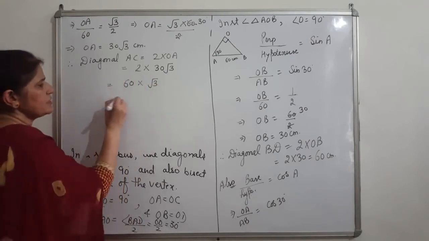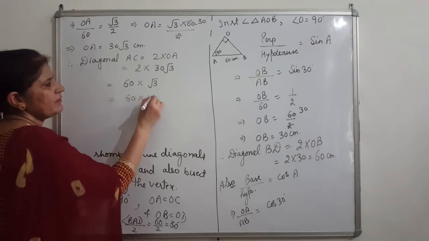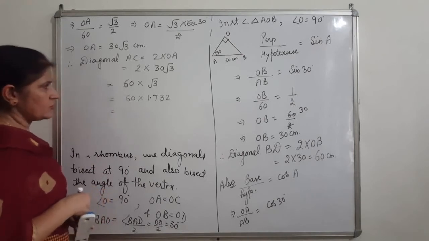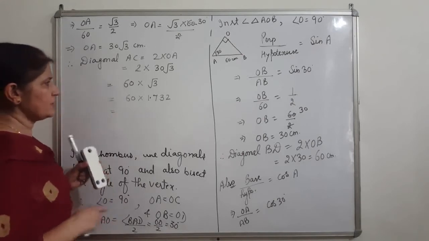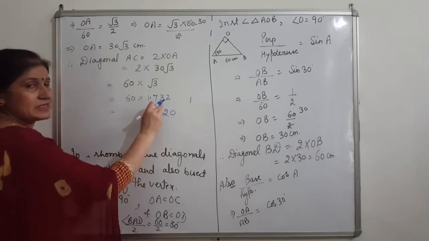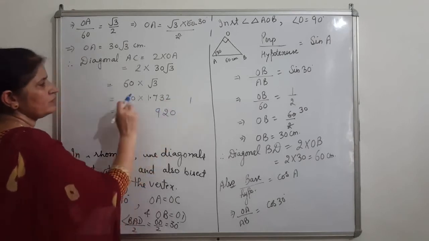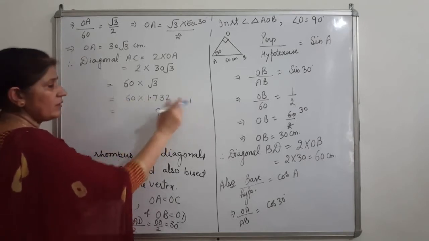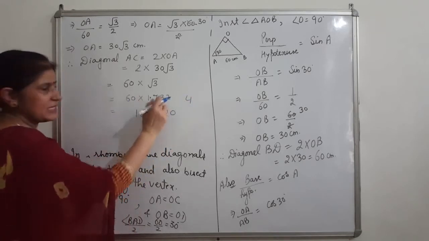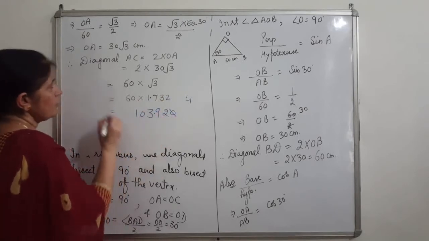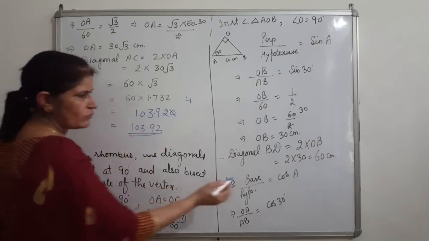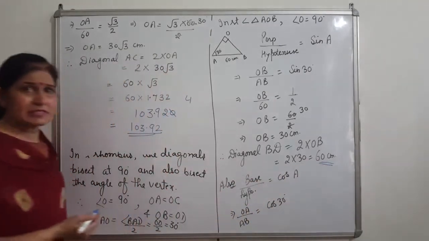Now the value of root 3 is 1.732. You multiply and you get the answer. So what will you get after multiplication? 6 2s are 12, 6 3s are 18, 19, 6 7s are 42 and 1, 43, 6 1s are 6, 4, 10. How many decimal places? 3. So the length of AC is 103.92. Like this you can find out the length of both the diagonals.